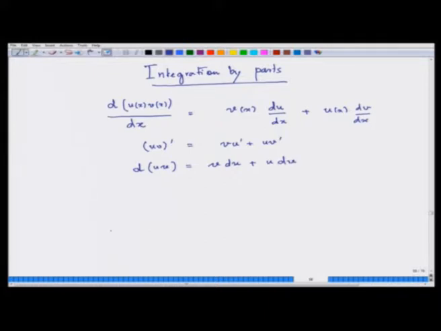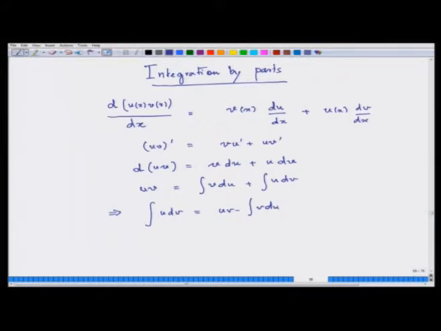So, when you integrate, you have uv is equal to integral v du plus integral u dv. So, this would imply that integral of u dv is equal to uv minus integral of v du.